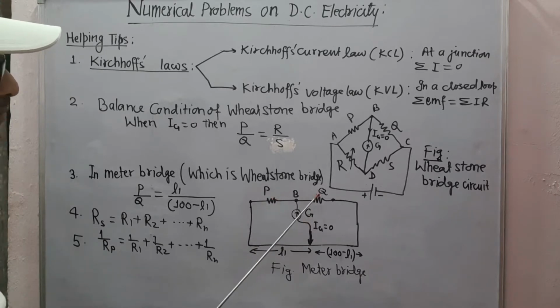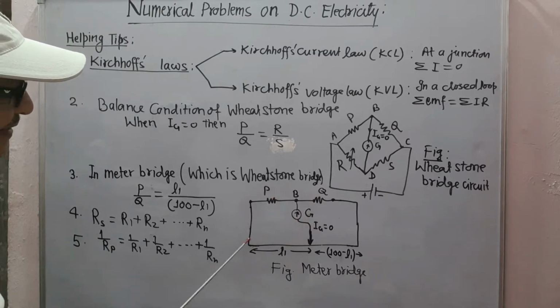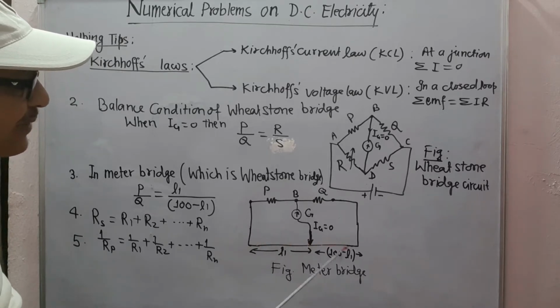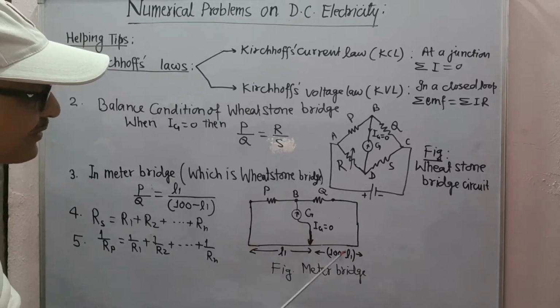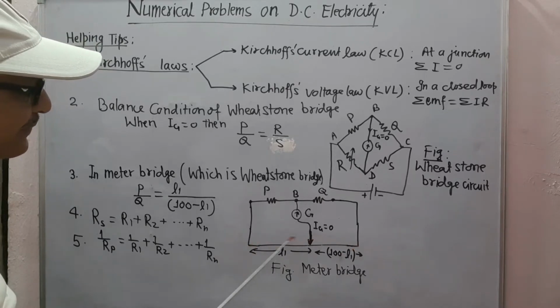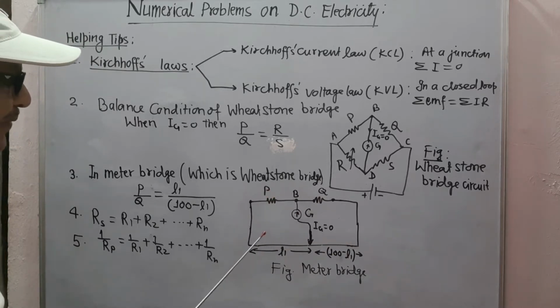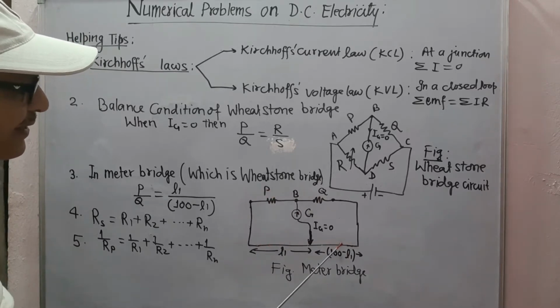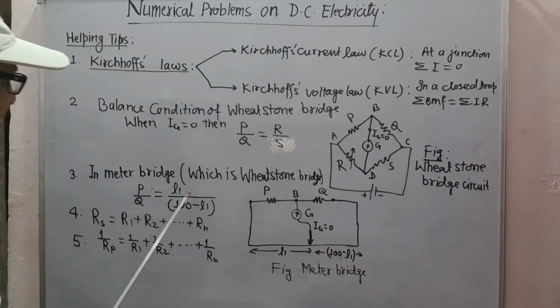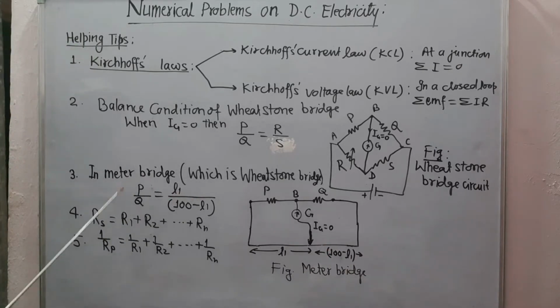Then this resistance upon this resistance is equal to the resistance of the wire from this point to this point upon the resistance of the wire from this point to this point. Because the meter bridge wire is of 100 cm length, P upon Q will be equal to L1 upon L2, which is 100 minus L1. So for a balanced meter bridge, P upon Q is equal to L1 upon 100 minus L1.